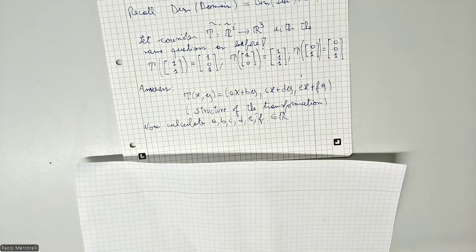This indication, T(x, y) = (a·x + b·y, c·x + d·y, ...) and so on, interprets exactly that T is from R^2 to R^3.